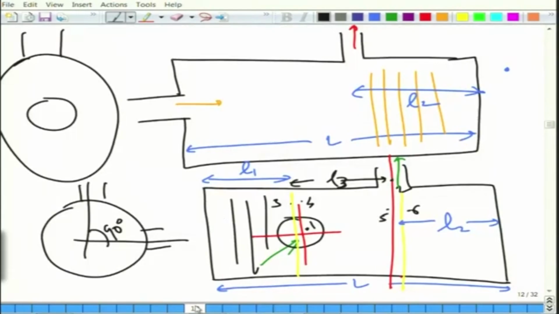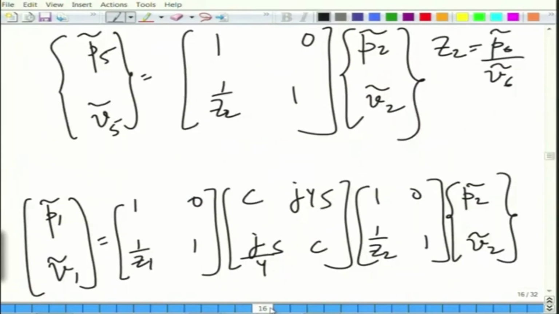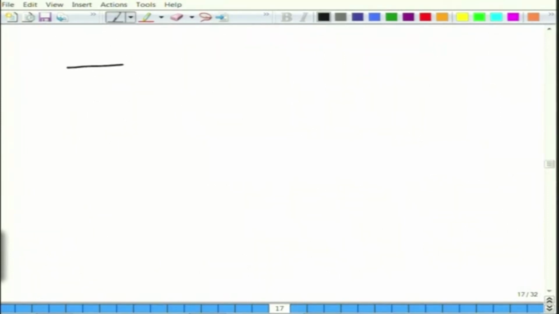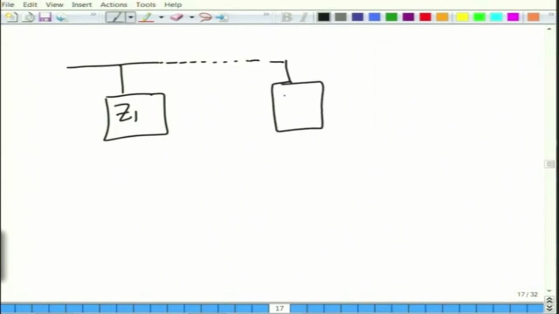As we discussed here, it is exactly the same as the extended inlet and outlet. Now, for both such systems, a side inlet and side outlet system and a system with extensions at the inlet and outlet, the following electroacoustic circuit will hold. So, this is your Z1 and this is your transmission line or the propagation path.